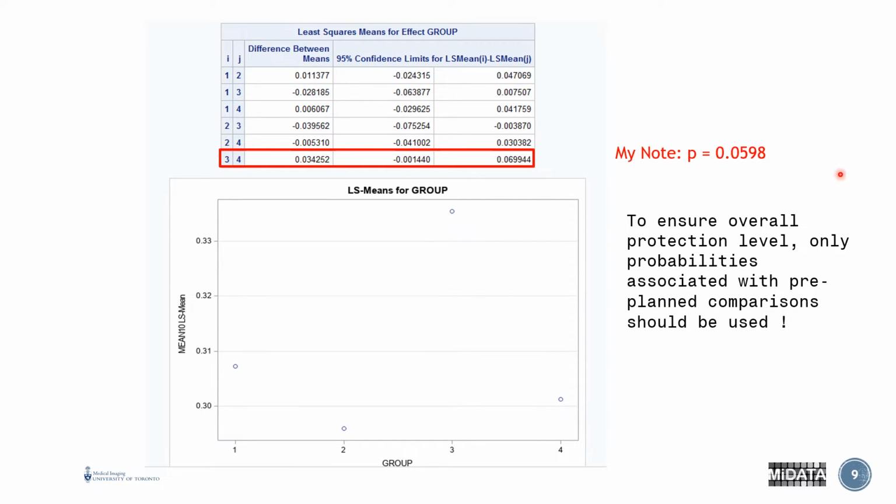So this is why we say here, to ensure overall protection level, only probabilities associated with pre-planned comparisons should be used. So if by hypothesis you were looking for this comparison of 3 and 4, then you can continue on. If you were interested in all the comparisons, then you should have stopped when you found that no significance was found for the group variable.